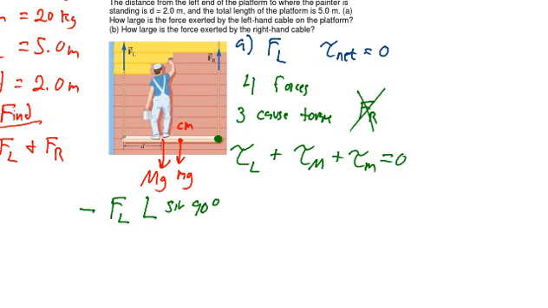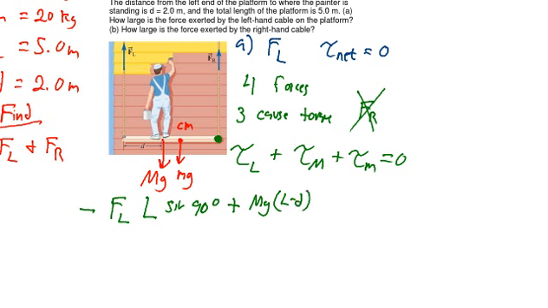The torque due to the painter will also be counterclockwise, so it will be positive, and that will be capital Mg times the distance L minus d.